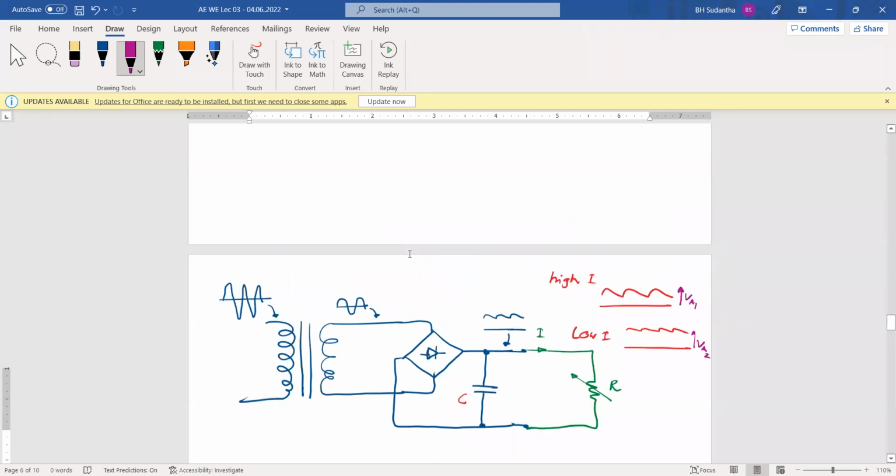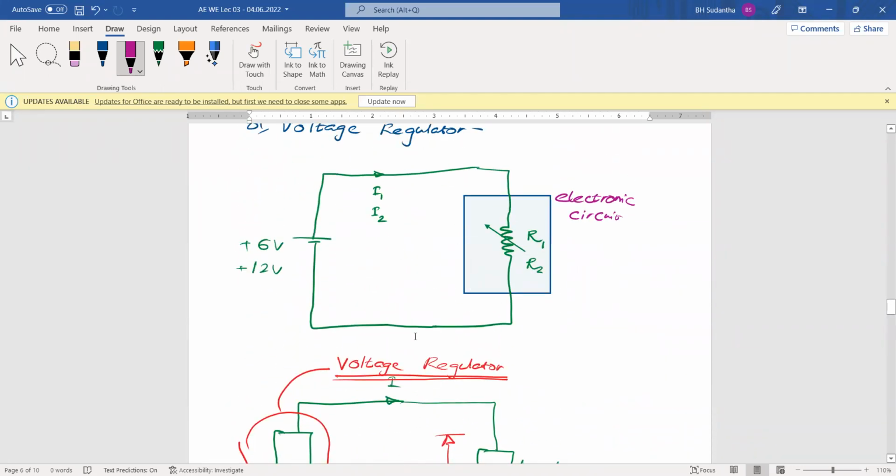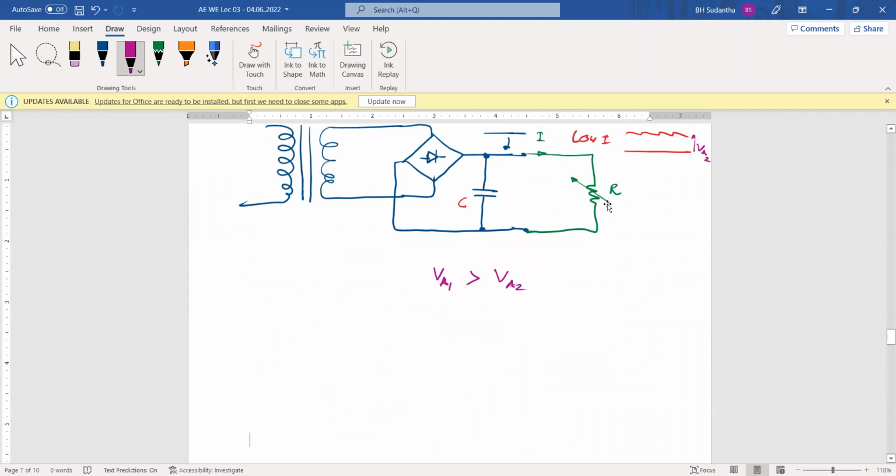But that's what I explained here. This circuit is receiving different voltages from the source. It's not good for this load. Here it's a resistor, there is no problem. But if it is a circuit like this, this circuit is expecting almost a fixed amount of voltage throughout the period for proper function.